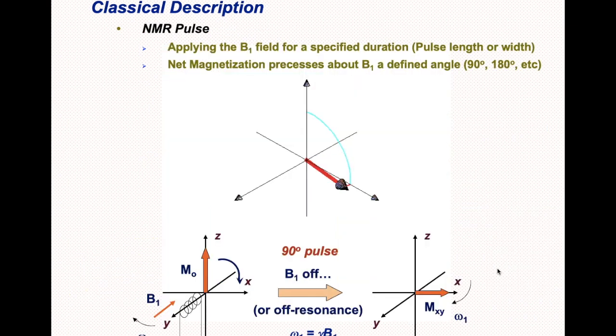For better understanding, how the net magnetization vector behaves before and after applying the radio frequency pulse is shown in terms of an animated diagram here.